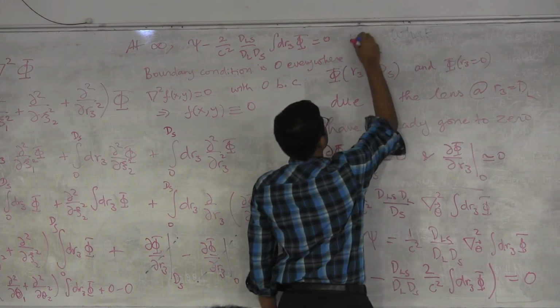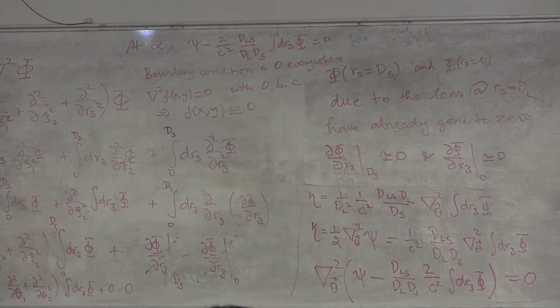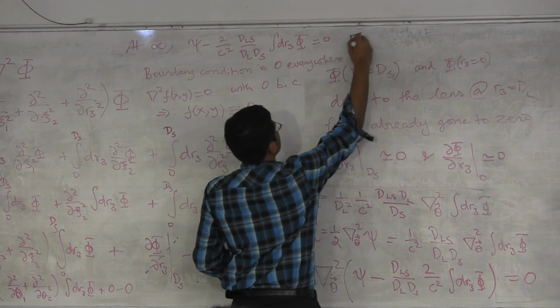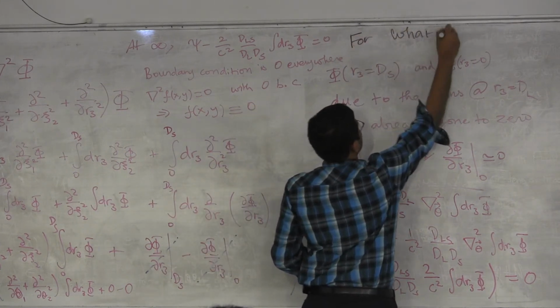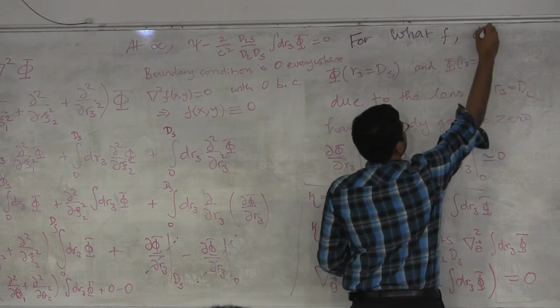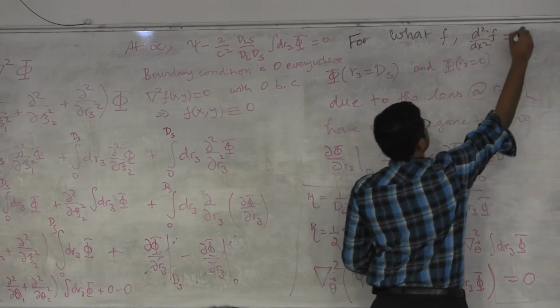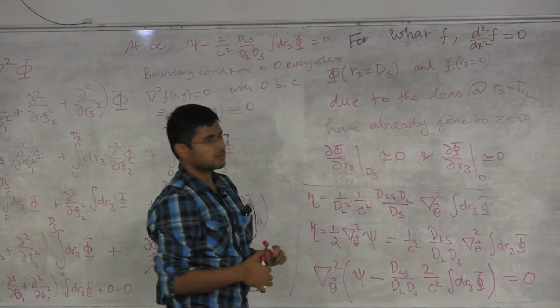If this is not clear, so for what functions f is del square by del x square of f equal to 0?